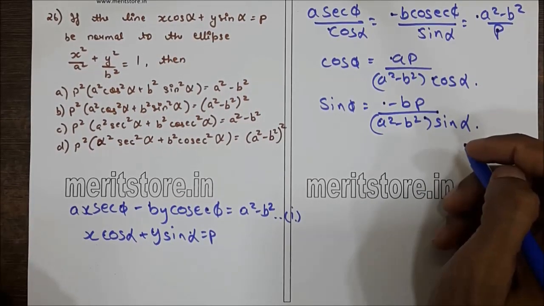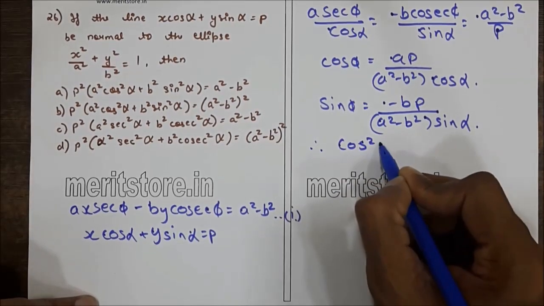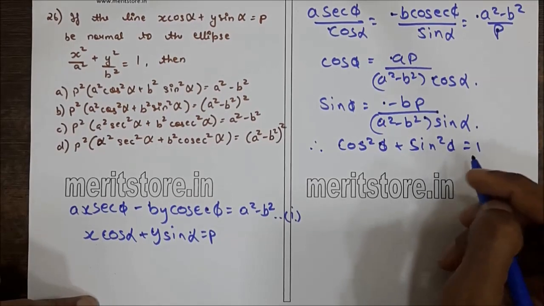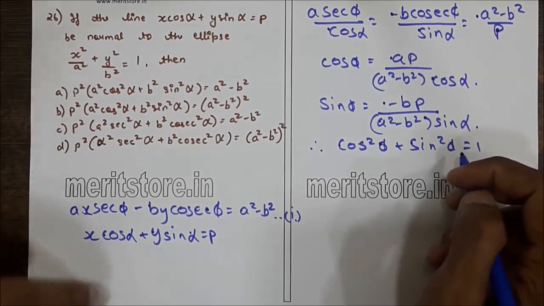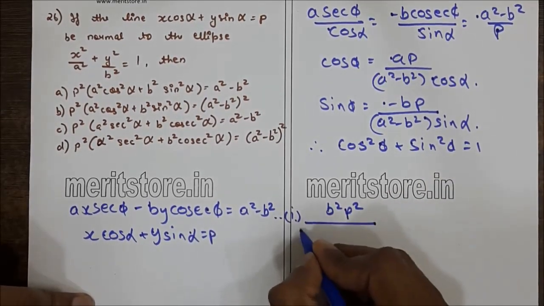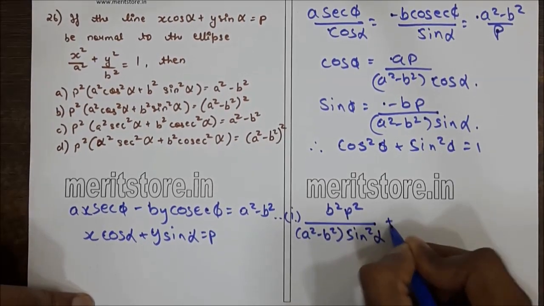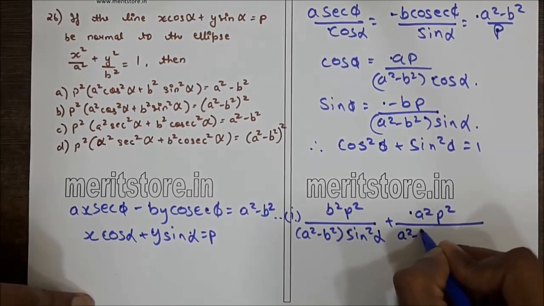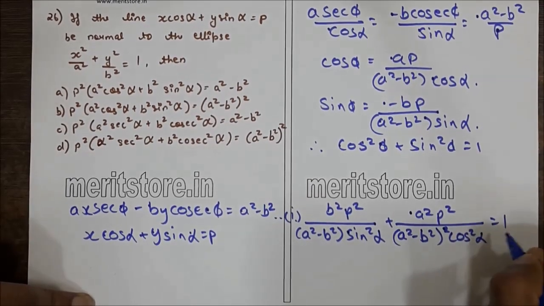Adding these, we have cos square phi plus sin square phi equal to 1. So substituting the values of sin phi and cos phi, we get b square p square upon (a square minus b square) the whole square sin square alpha plus a square p square upon (a square minus b square) the whole square cos square alpha equal to 1.